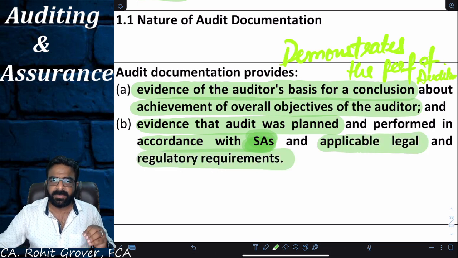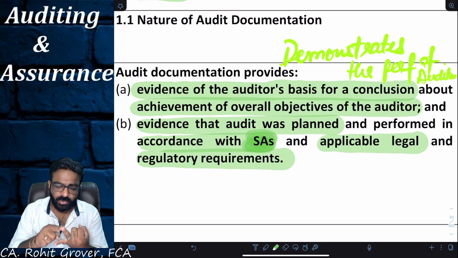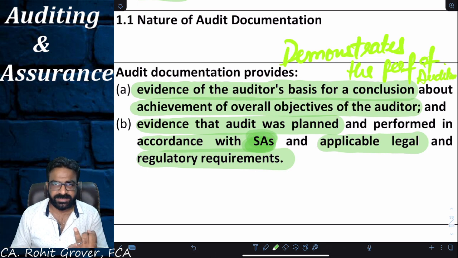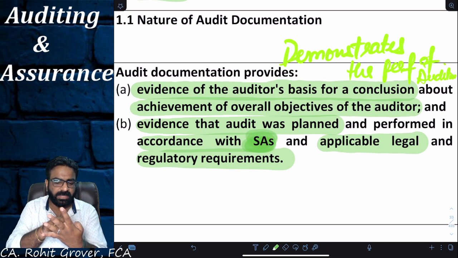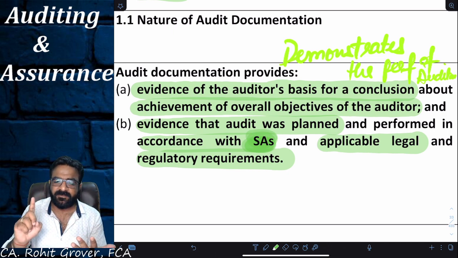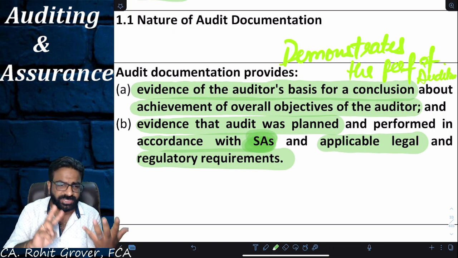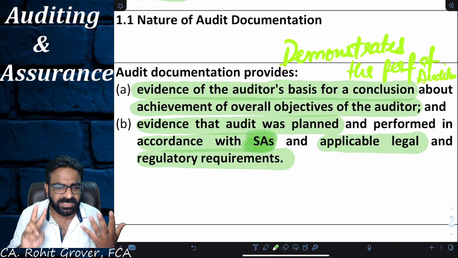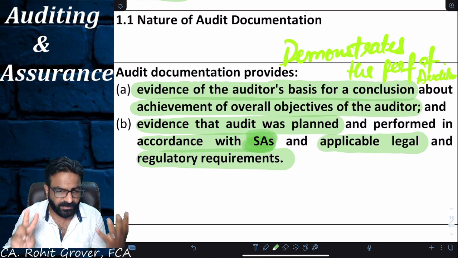So tell me one thing, if I'm collecting the evidences, if my conclusions are on the basis of those evidences, if I have achieved my audit objective, if I have done my audit in a planned manner, if I have performed my audit with the requirement of SAs, if I have followed the applicable laws and regulations of doing the audit, my question is very simple to all of you. Did I perform well or did I not perform well?